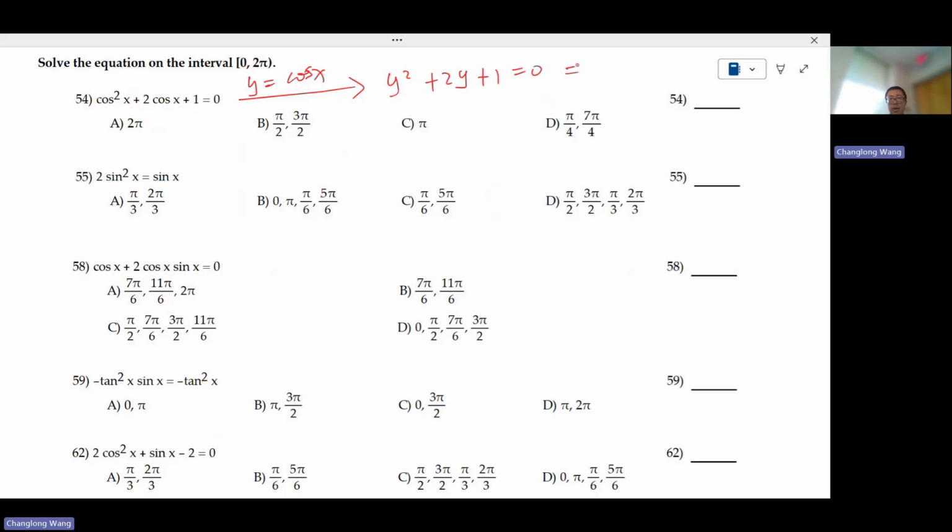You realize that the left-hand side is a perfect square trinomial. y plus 1 squared equals 0, and y has to be -1. But y is just cosine x, right? That means cosine x is -1, and I'm sure you know what to do after that.